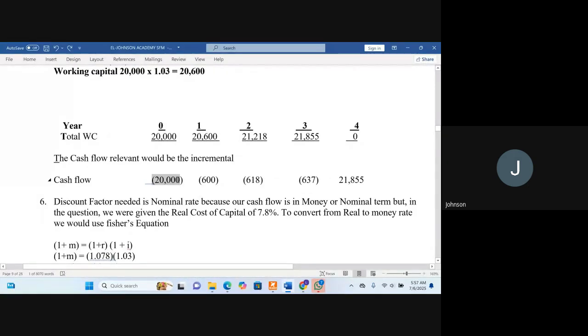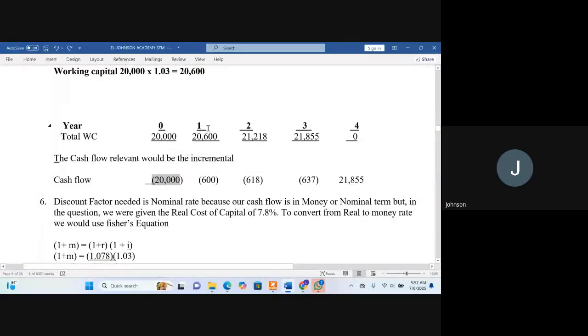So the additional that they will give us is 6 million. Then year two, like that, they will give us the incremental, because by the end of year zero, this initial outflow, you have gained it back and you have 20 million with you.